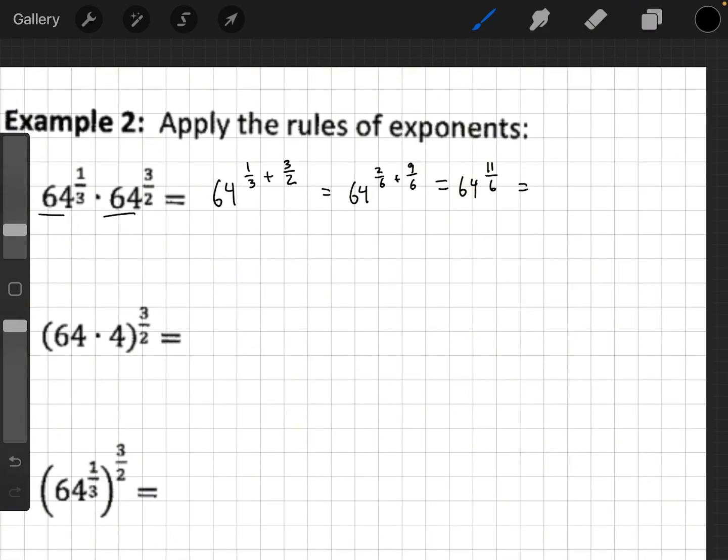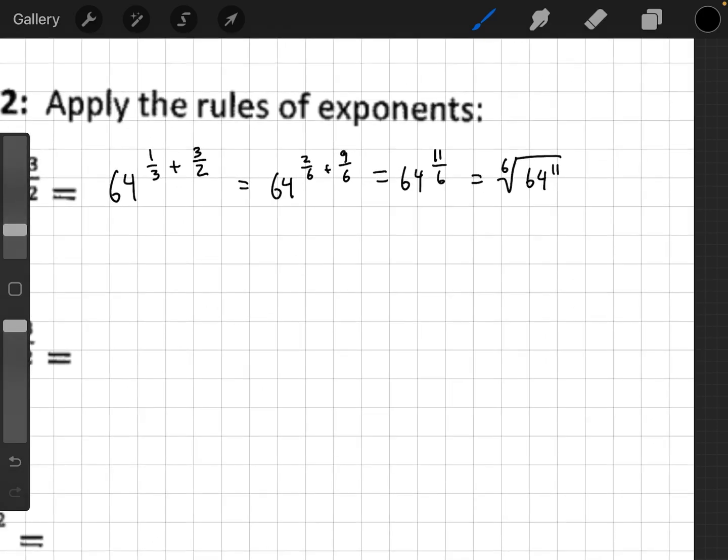Now we can change this term using our rule for changing rational exponents to radical expressions, as the sixth root of 64 to the power of 11. Now, I don't know the sixth root of 64 off the top of my head, but we can easily factor this out.